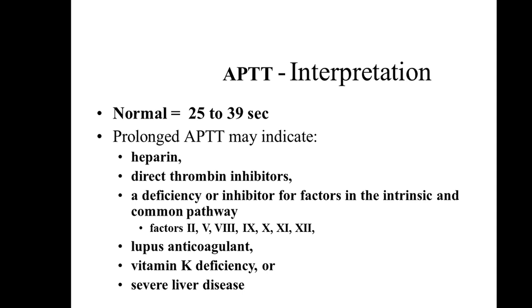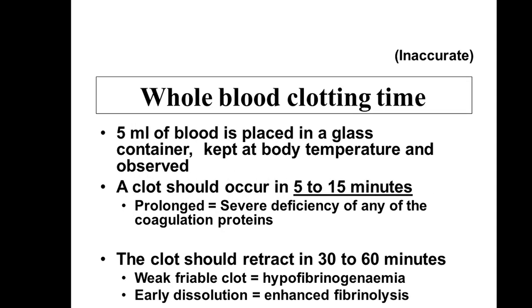The normal range is 25 to 39 seconds. And whole blood clotting time: 5 milliliters of blood is placed in a glass container, kept at body temperature, and observed. A clot should occur in 5 to 15 minutes. Prolongation indicates severe deficiency of any of the coagulation proteins. And also the clot should retract in 30 to 60 minutes.